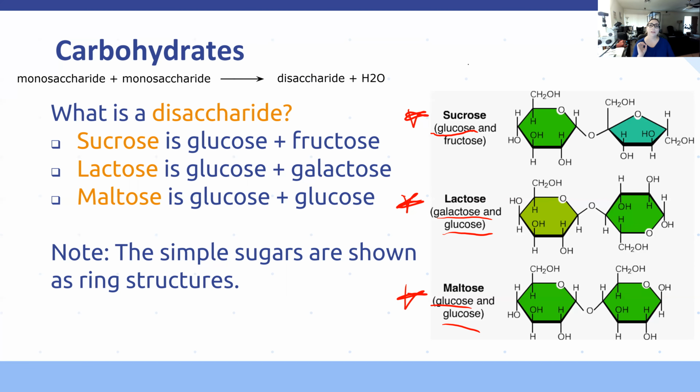We have lactose, which is a sugar in milk. Remember, all of these are sugars. They are all carbohydrates. So lactose is glucose and galactose. And then finally, we have maltose, also a sugar, with a glucose plus a glucose.